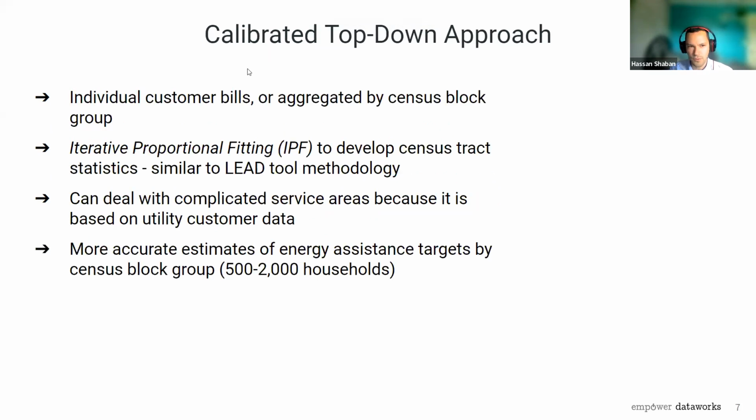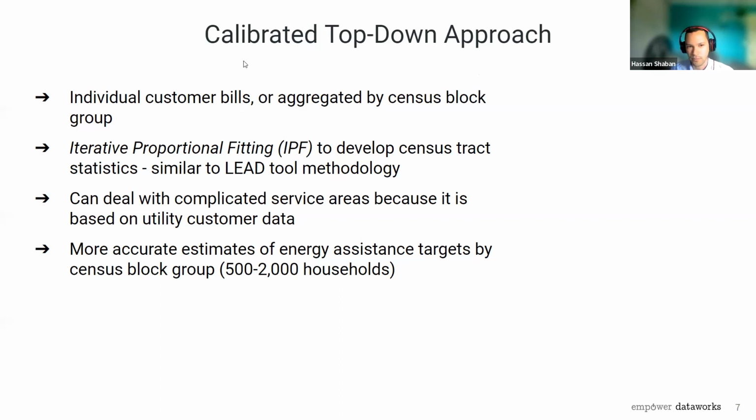There's also this example for a client in the Midwest, which is a large utility, and they weren't at all interested in the customer level data. They have 1.5 million customers, and they're not going to go customer by customer and collect all of the data related to them. So what we did for them was something that I think Austin was asking about.